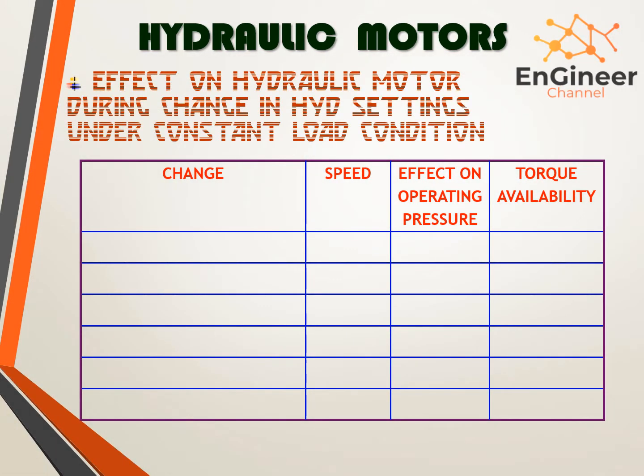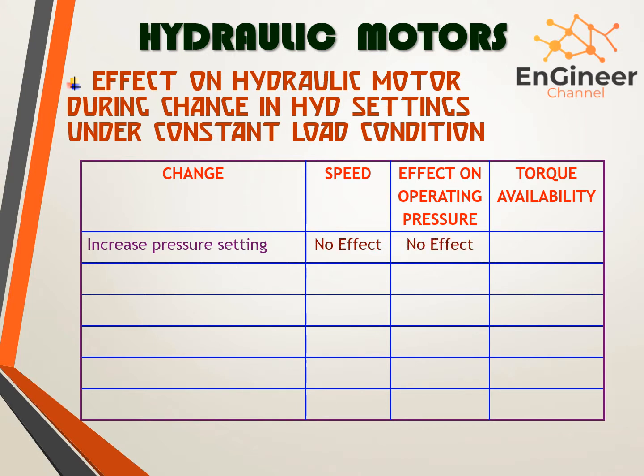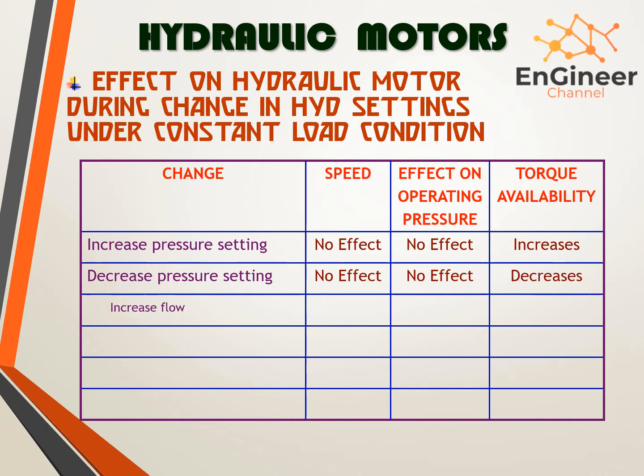And finally, now let's see the effect on a hydraulic motor of changes in hydraulic settings under constant load condition. When we increase the pressure setting, we increase torque availability. When we decrease the pressure setting, we decrease torque availability.